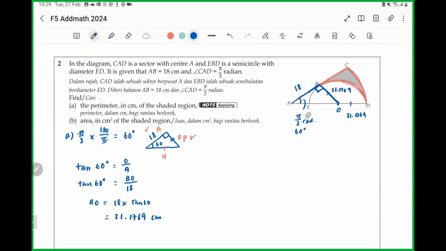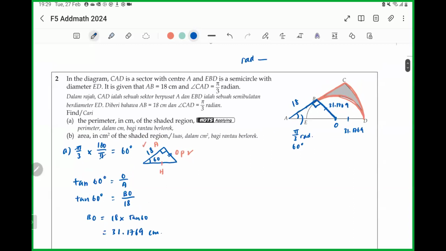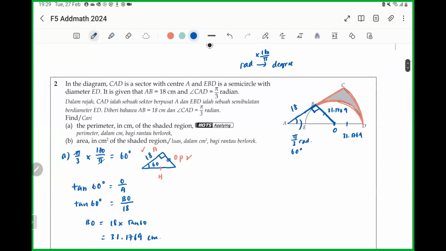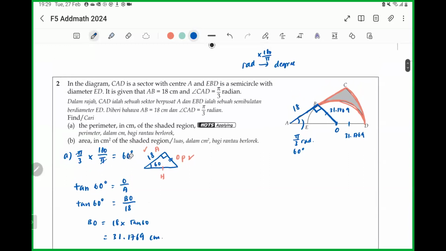Change radian to degree. To change radian to degree, you will need to times 180 over pi. This is the rule that you need to memorize. Okay, I got this 60 already.